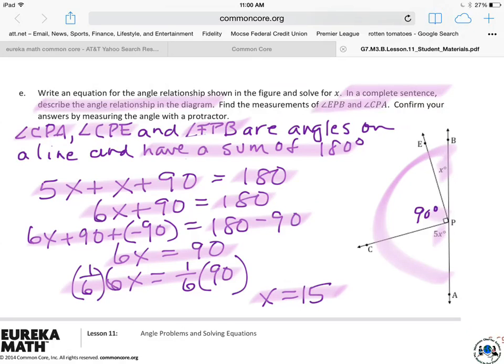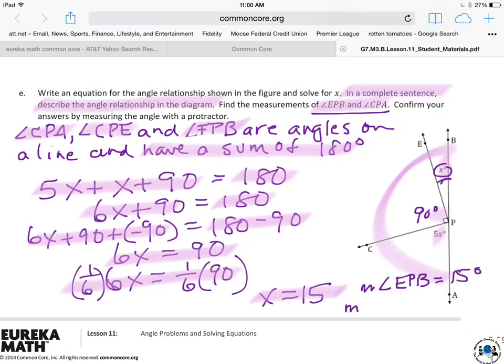Okay, but in the end here it asks us to find the measurements of angle EPB and angle CPA. So we would write that down this way. The measurement of angle EPB equals 15 degrees, because that's right here. EPB, that's the x.